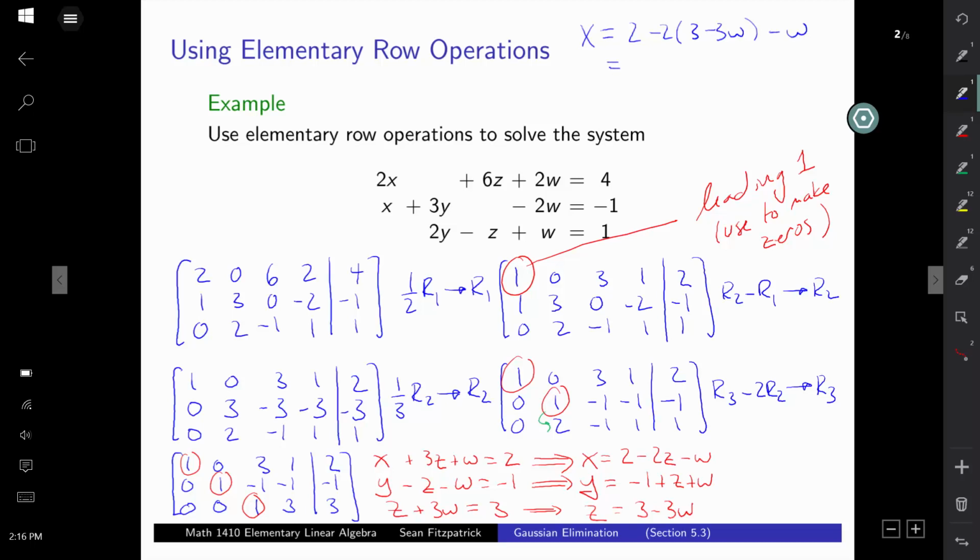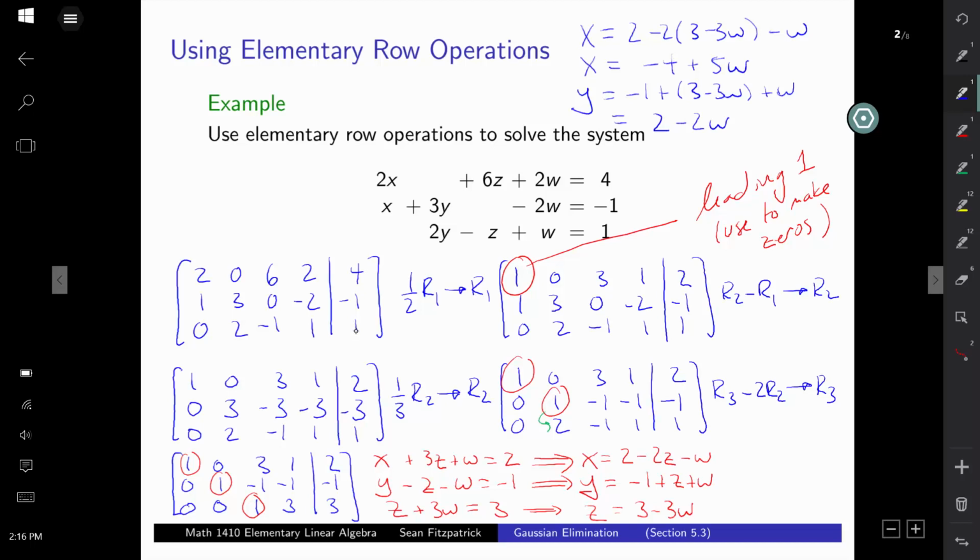So x is equal to 2 minus 6 plus 6w minus w, which is minus 4 plus 5w. y is going to be minus 1 plus z, so 3 minus 3w plus w. So y is equal to 2 minus 2w.